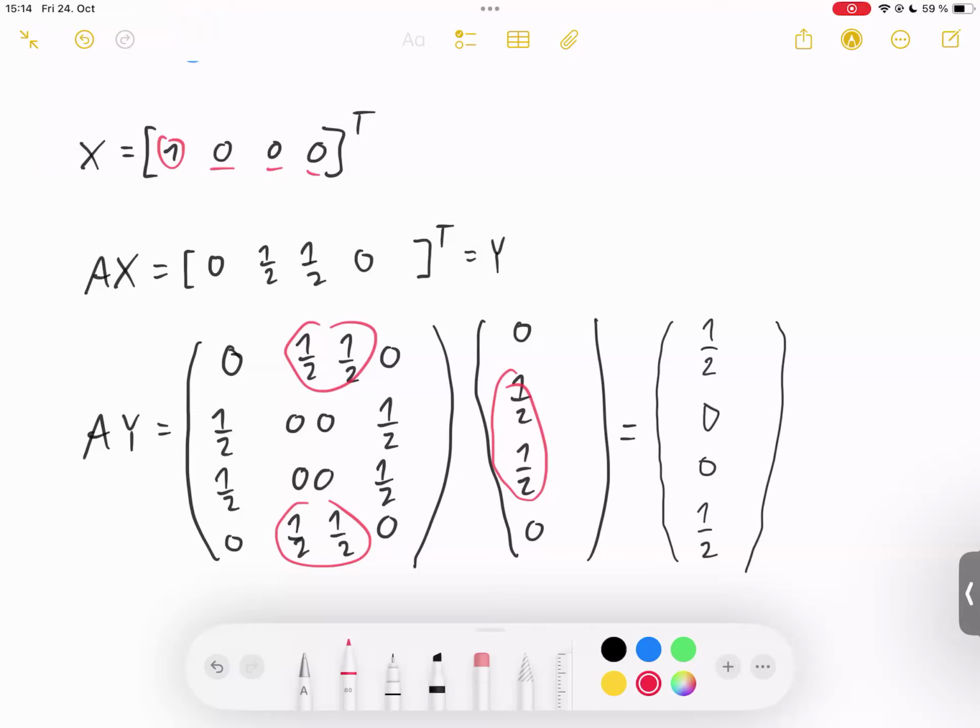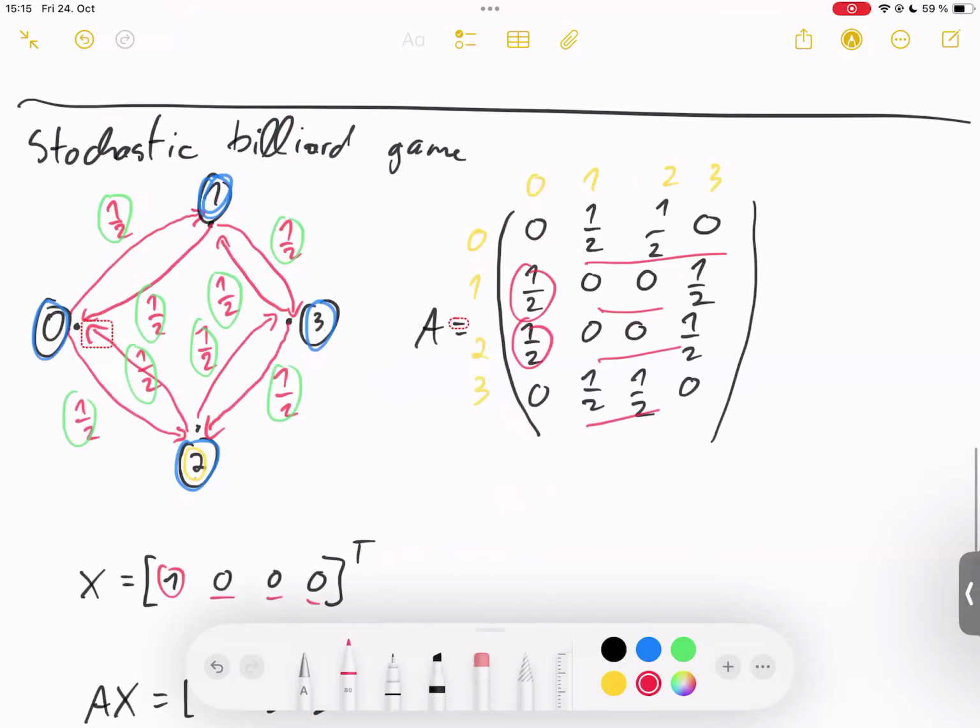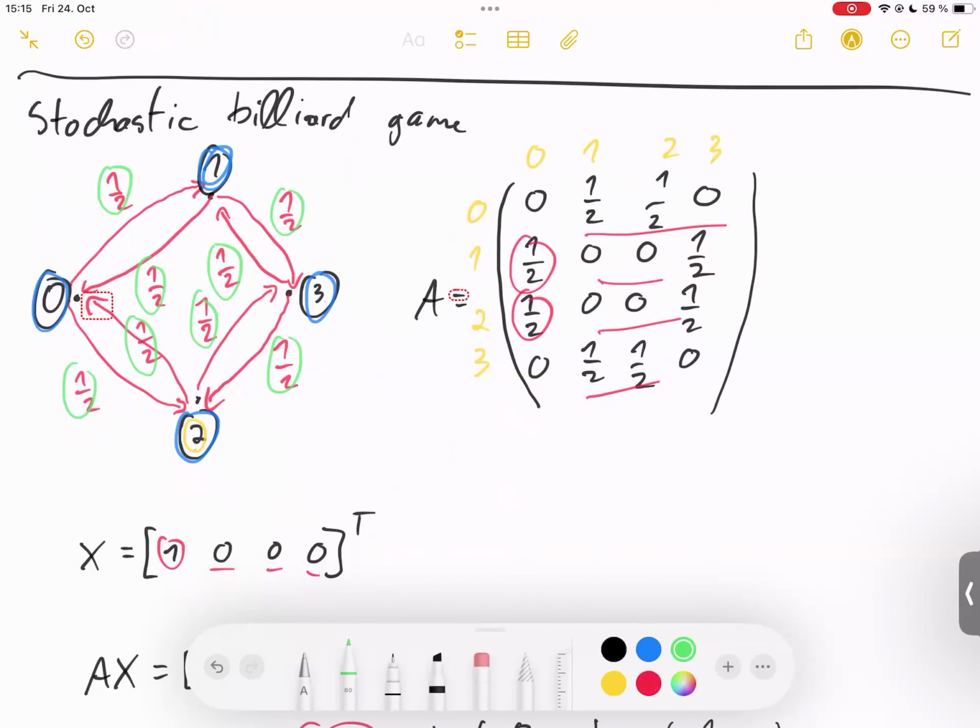So what we see is here, when we look at our system, we started with the marble in position 0 when we started with X. Then it went with equal probabilities to 1 and 2.